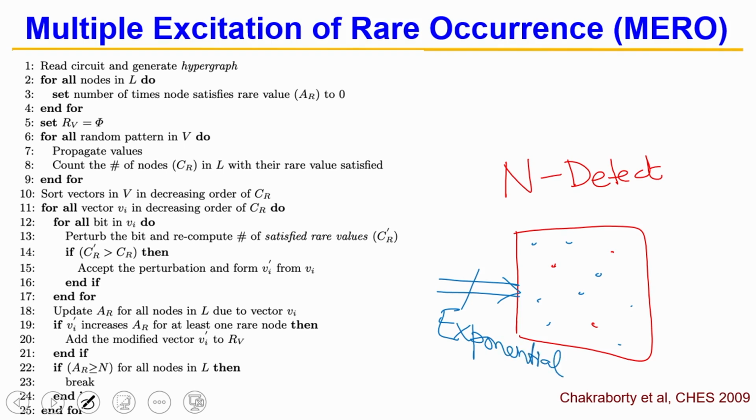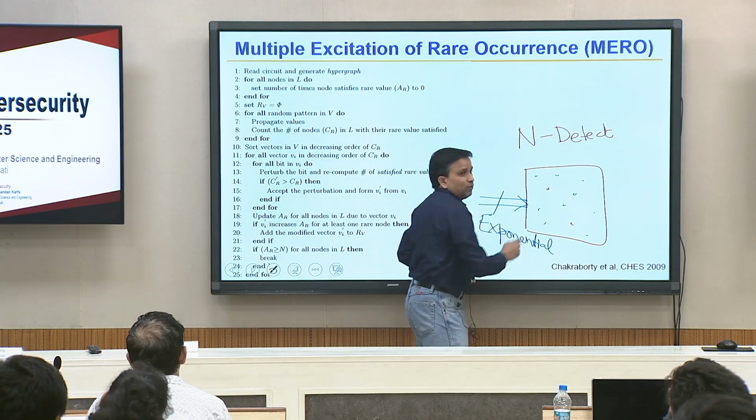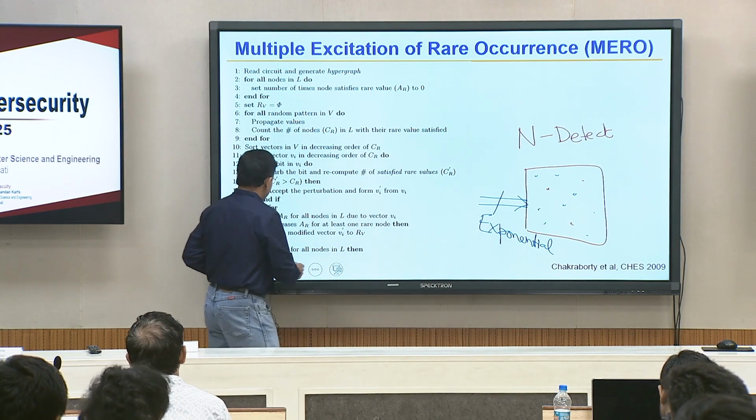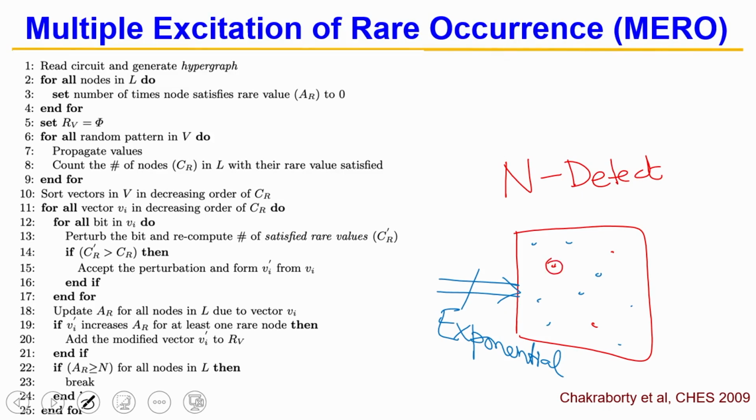Then I will be trying random inputs, and in the random inputs I will be keeping in my front pocket the ones that activate some of the red ones. If any test activates 2 of them, that is even better. If any of them activates 3 of them, that is even better.